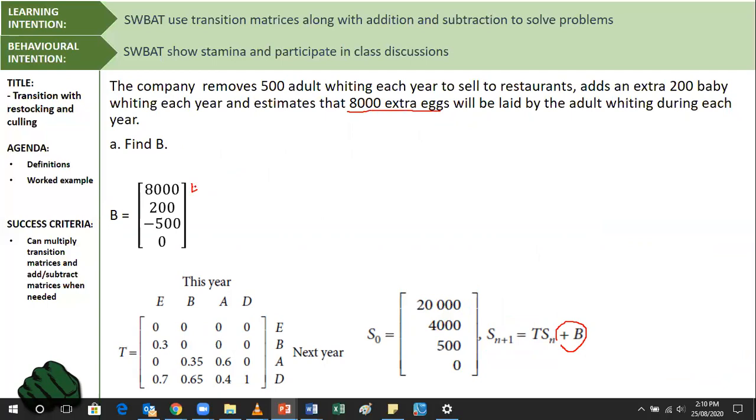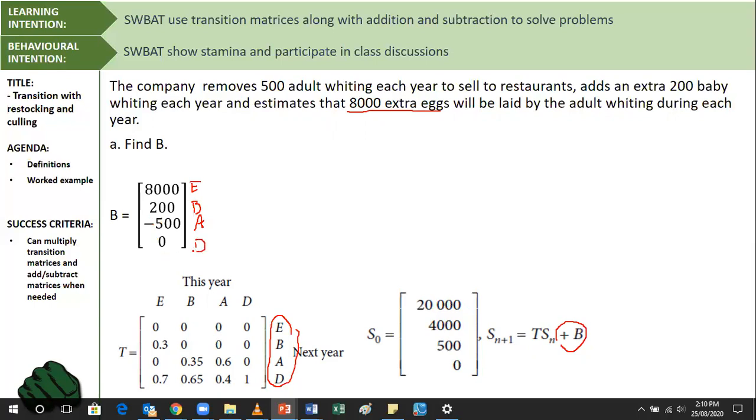The lettering stays exactly the same. We're adding 200 babies to the farm, but we're removing adults, so that's why it's negative, because we're selling them off to restaurants. 500 adult whitings, we're removing them from the system. That becomes your B matrix.